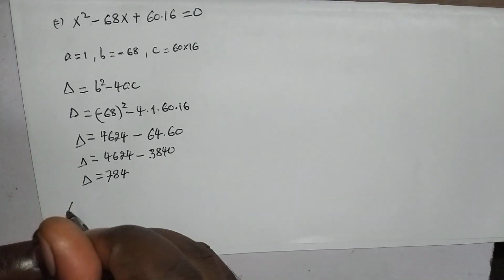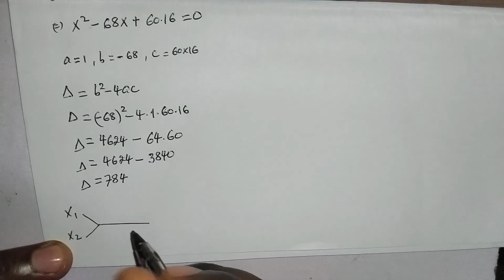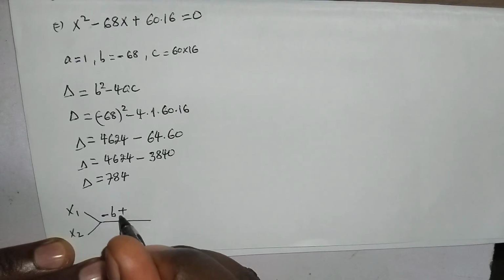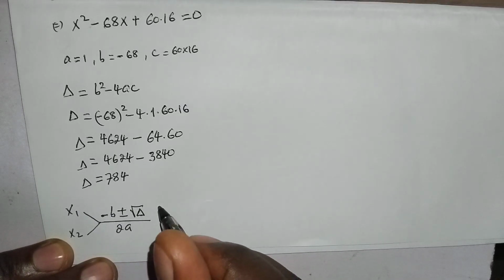Now x1 and x2 are equal to minus b plus or minus square root of delta over 2a.